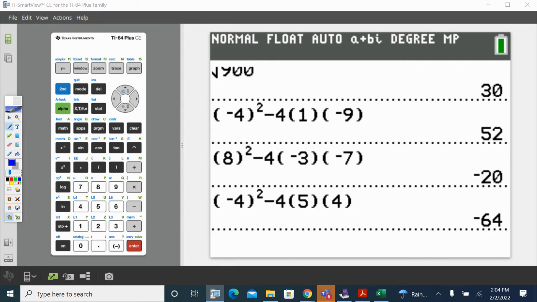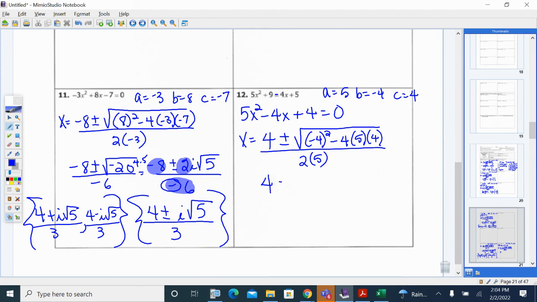So again, negative means I have an i in my answer. But the 64 is a perfect square, so that tells me I don't have a radical in my answer. So let's see what this looks like. The square root of negative 64 is an 8i.